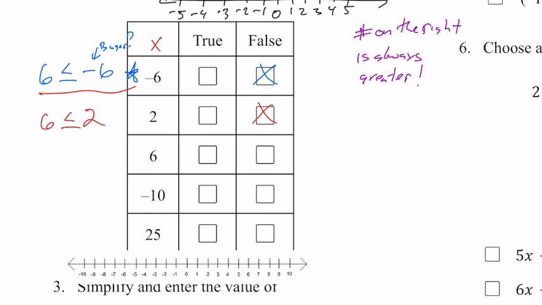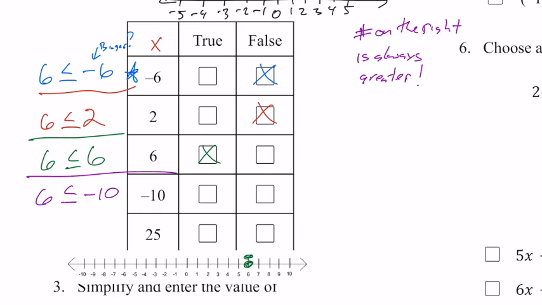Okay, let's do the next one. 6 less than or equal to 6. So 6 and 6, are they the same? Yes. All right, next one. I got 6 less than or equal to negative 10. So there's my 6.